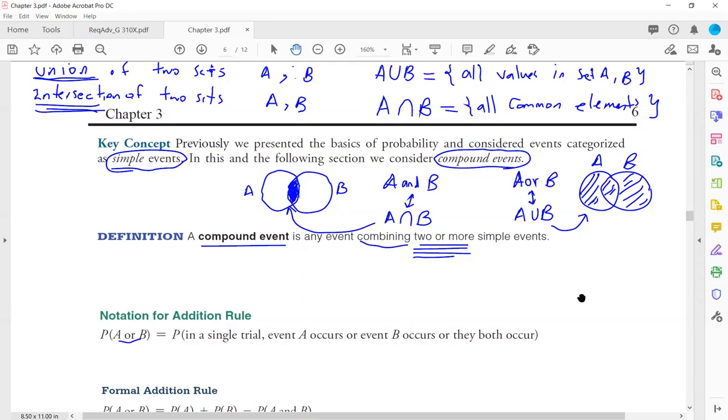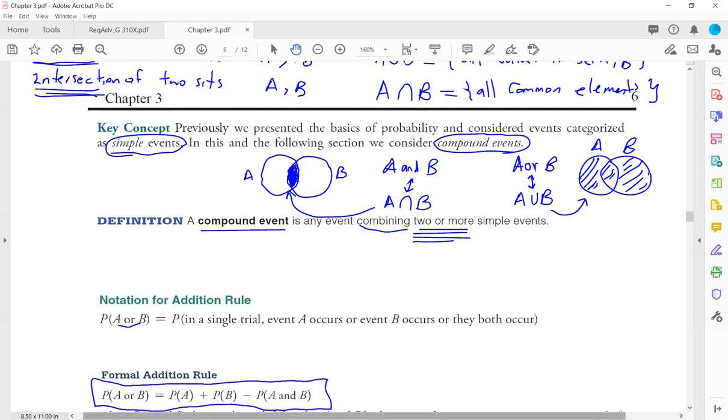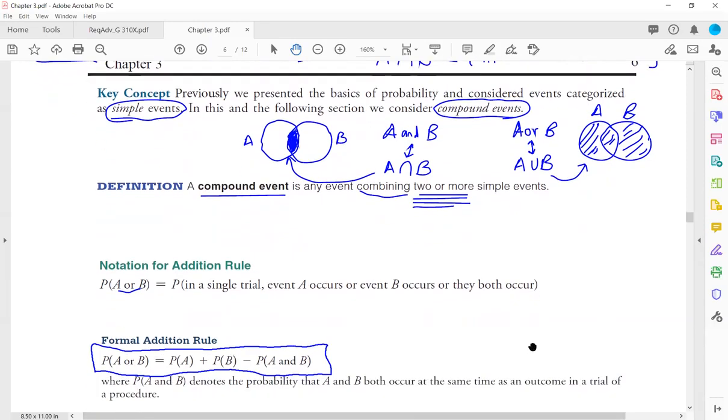So how do we calculate using the probability formula? The probability of A or B is equal to the probability of A plus the probability of B minus the probability of their intersection.